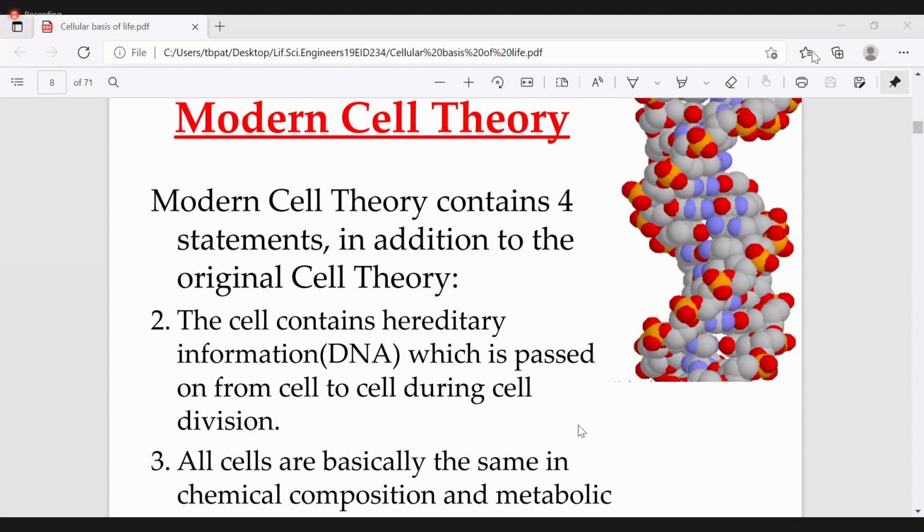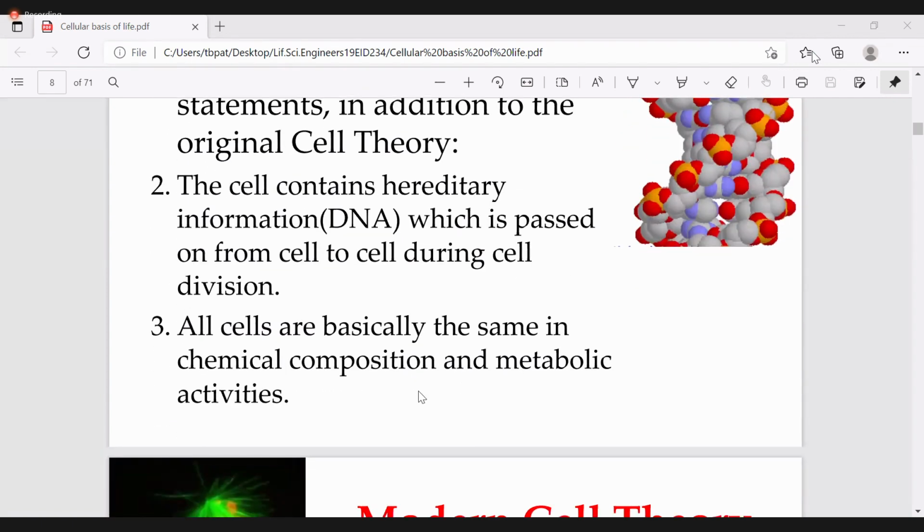Cell division is either mitosis or meiosis, but the information is passed on through the DNA contained in the chromosomes. This double helix structure of DNA is contained in the chromosomes, which pass on in pairs.